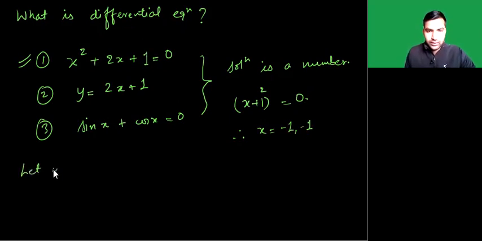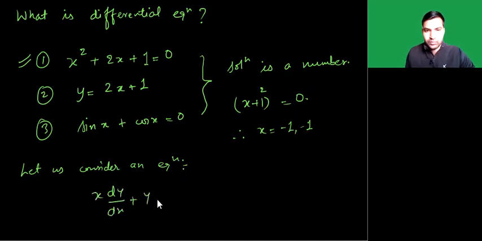So let us consider an equation of the type x dy by dx plus y equals 0. Now friends, this is known as a differential equation. So how do we characterize a given equation, whether it is a differential equation or not?